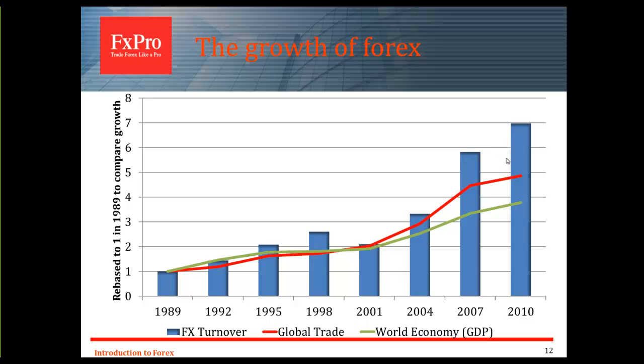And the point to make is that even when we had the financial crisis and we saw trading in a lot of different markets, so equities, bonds, commodities, we saw volumes falling, but in FX it's pretty much kept rising regardless. It's another point to make, that even despite the financial crisis, volumes in FX have continued to rise. And again, I just make the point that this is all rebased, so don't worry about the figures on the left hand side. It's just the comparative rates of growth that we're interested in.